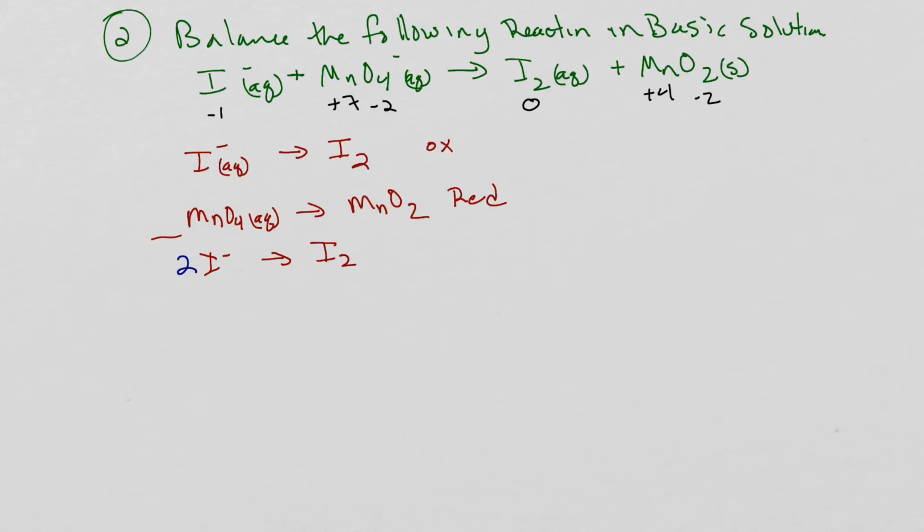Now if we balance the second one, the manganese is balanced, so we need to balance the oxygen. Remember, we do that by adding water. We have MnO2, so we have to add 2 oxygens.